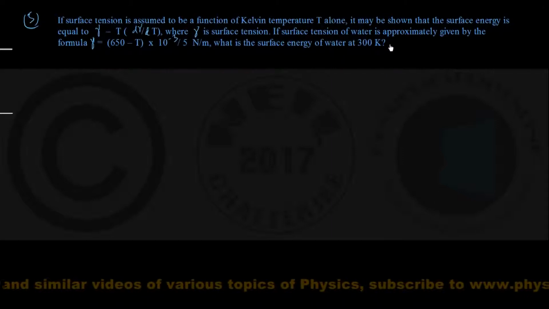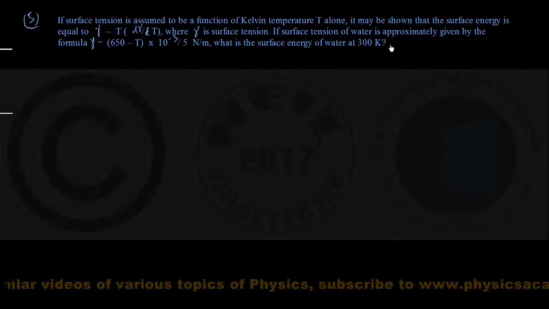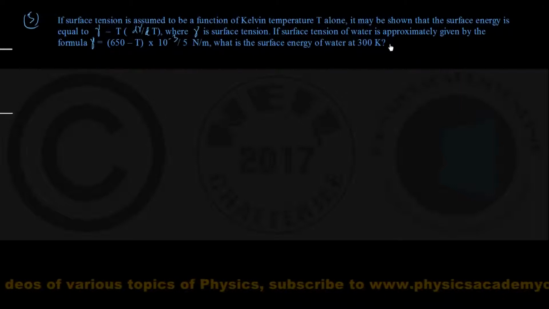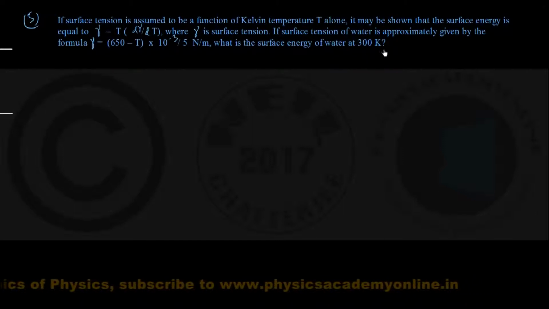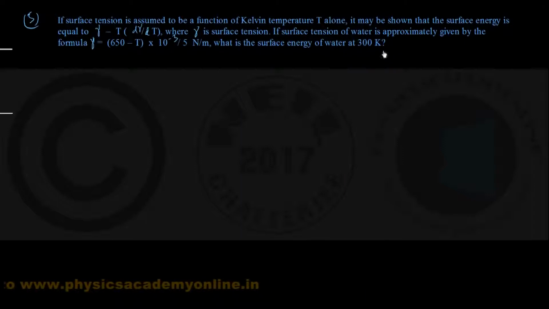One is the free surface energy and the other is the thermal energy. And surface tension is equal to the free surface energy per unit area of a liquid surface, and only in the particular case where there is no heat transfer between liquid surface and surroundings, only in that case surface tension can be shown to be equal to total surface energy per unit area.